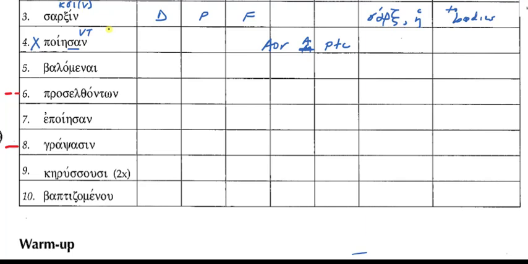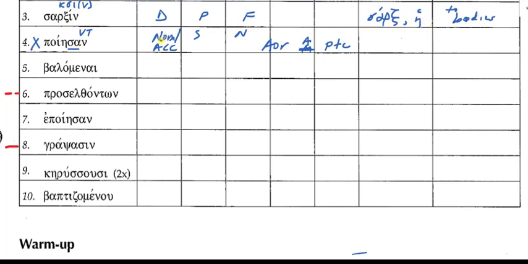Which case, gender, number will drop the tau at the end in the aorist active participle? Nominative, singular, neuter. And if it's neuter, the nominative is always the same as the accusative, isn't it? So that could be either one. All right, that's it. Poiesan.